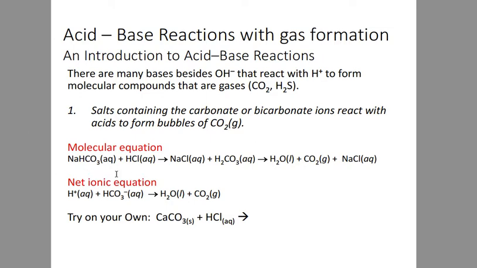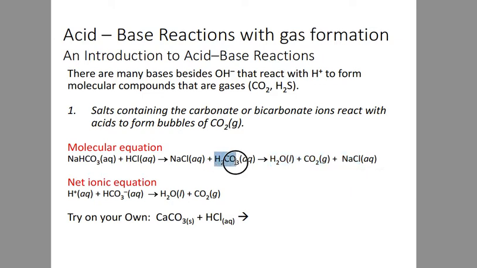Here's a carbonate plus a strong acid. What we will get out is a salt and carbonic acid, which will further break down into water, CO2 gas, and a salt. So when we have this kind of reaction, the products we will get will be water, gas, and salt. Just like when we had acid-base neutralization, we said the products were water and salt. Now we have gas as well.